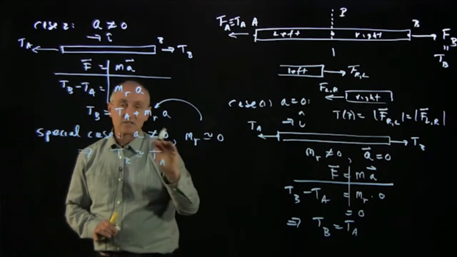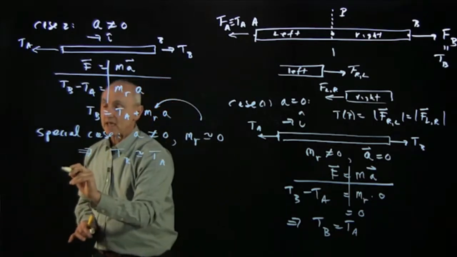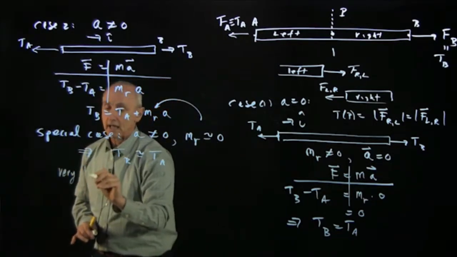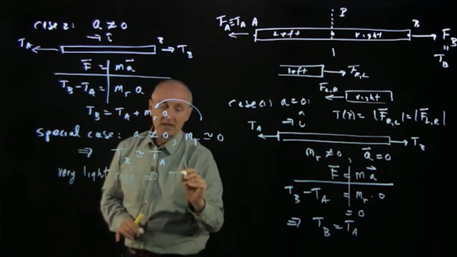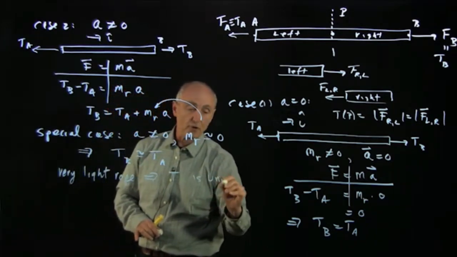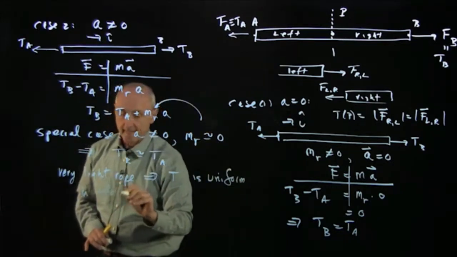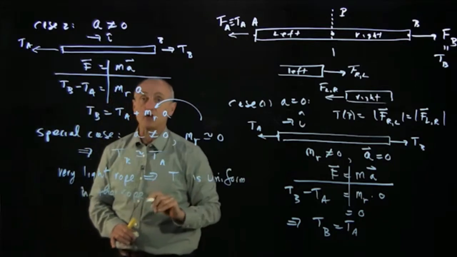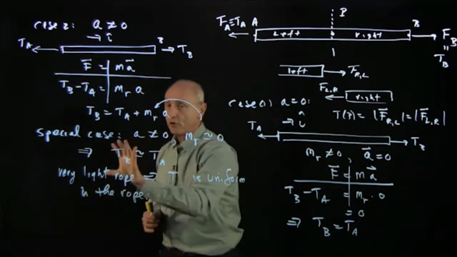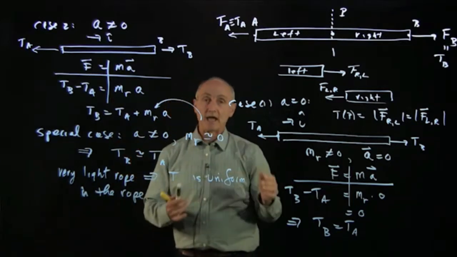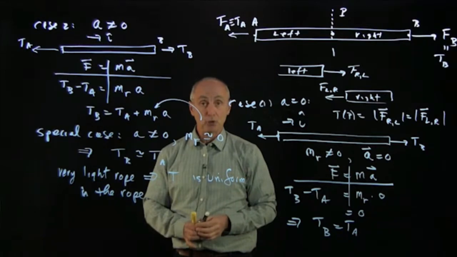Ropes are not massless, so there's a small difference, but when we say a very light rope, even if it is accelerating, T is uniform in the rope. We can say the rope is under uniform tension, and we will often refer to this case when we analyze problems where we're pulling objects, for instance, in a typical pulley problem.